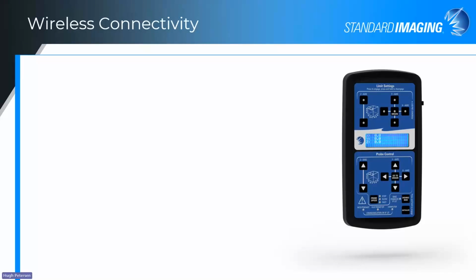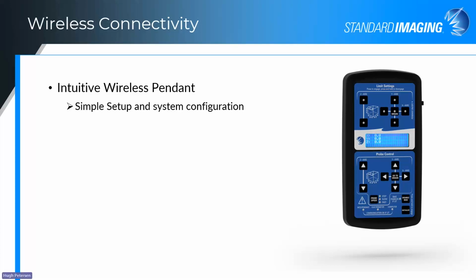A few other nice features: we have wireless connectivity. Our pendant, as you can see here, is wireless, and it's nice that as you walk around and check your runouts on your water phantom for your leveling, you don't have to get tangled up in any cords. It gives you that simple setup and system configuration without tangled cords.